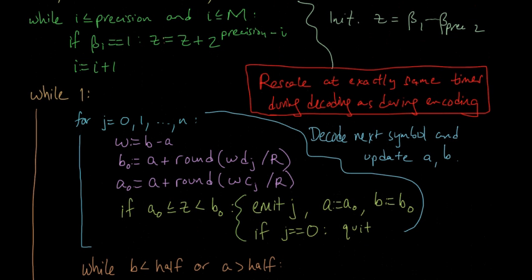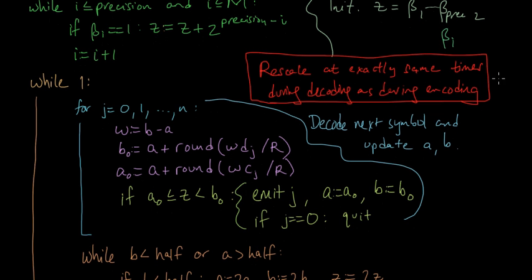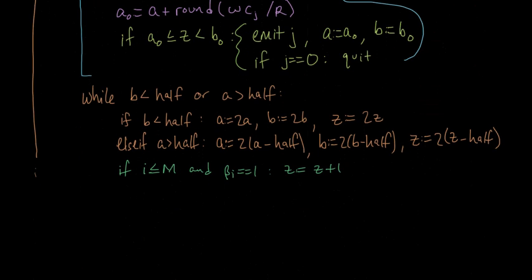Because Z is this binary thing, and after we left shifted it, there's this last bit that we need to read off, the next bit in the sequence. It's not going to be beta precision, it's going to be beta I at this point in the algorithm, the last bit of Z. And after we do that, we should increment I, because we've read off that next bit from our sequence of betas.